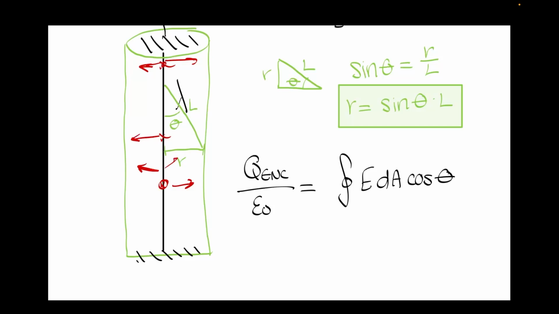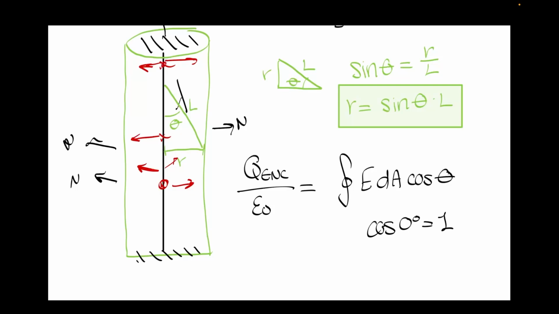They're coming off that way, every which way. The normal vector on this outside is the same as the electric field at every point. So this is my normal. Therefore, the cosine of 0 equals 1.